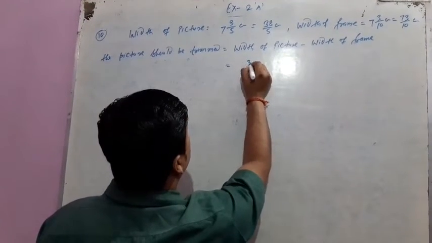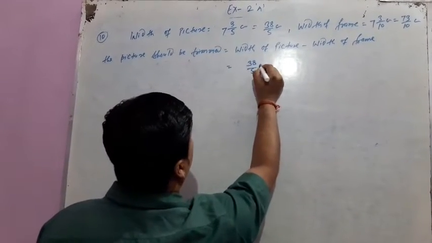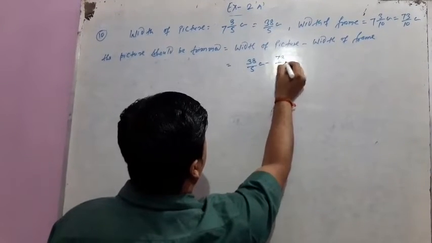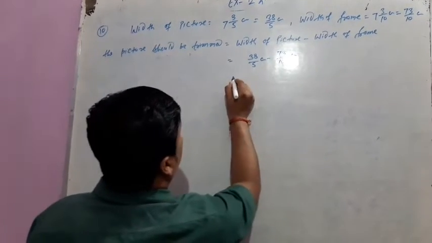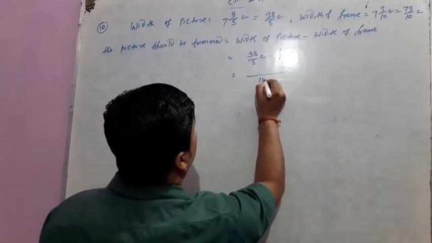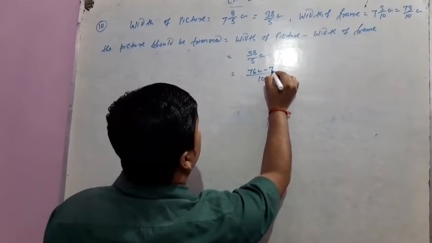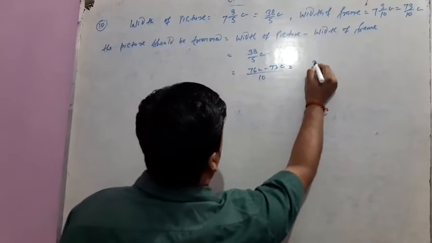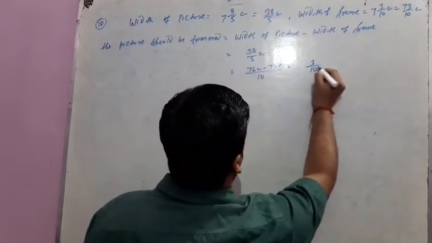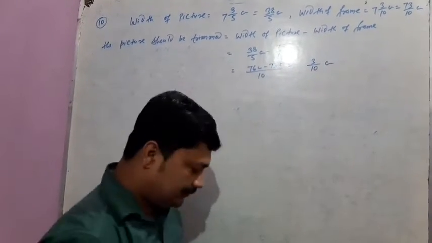So width of picture is 38 by 5 centimeter and width of frame is 73 by 10. Now I will take LCM here. The LCM will be 10, 5 twos are 10, 38 twos are 76, 10 ones are 10, 73 ones are 73. So the required trimming is here 3 by 10 centimeter.